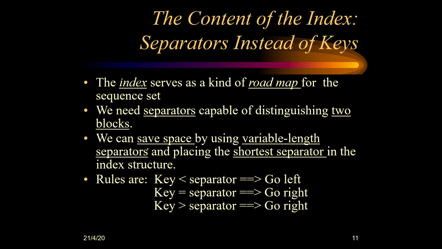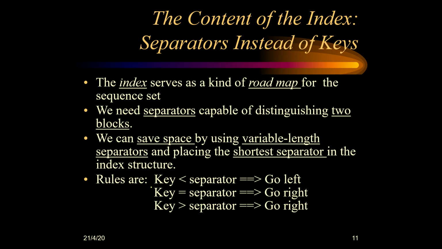Now what are the properties of a separator? The separator can be of variable length. Using fixed length always has the demerit of wastage of space. So here we are using a variable length separator, and we try to use the shortest separator as much as possible so that the space usage is very low.